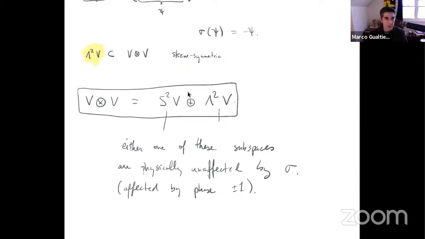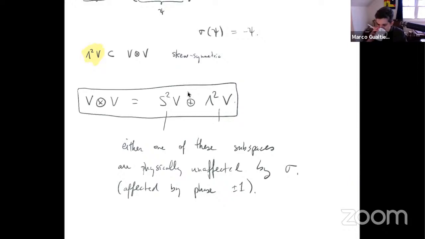So we have a problem: which one is it? Should I think of my indistinguishable pair, my twin state, as a tensor in here, or a vector in here, or a vector in here? These are the two possibilities.